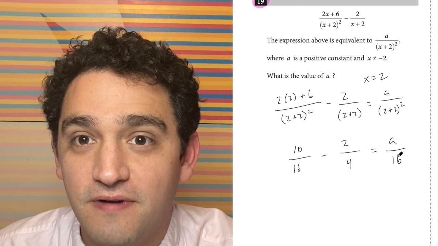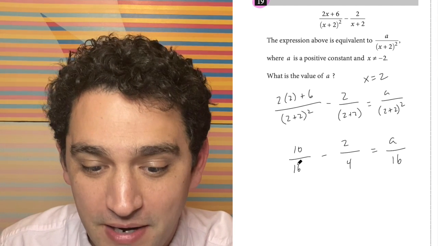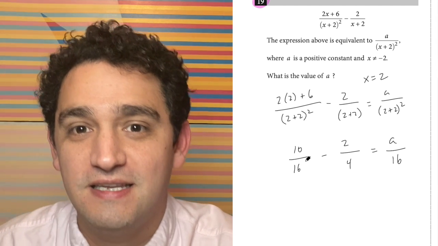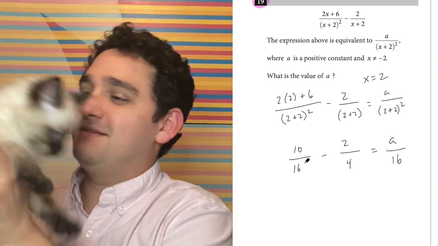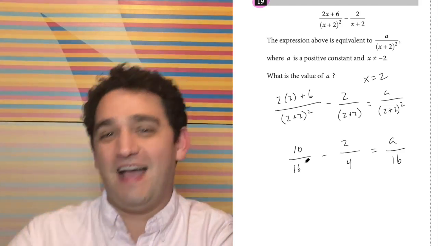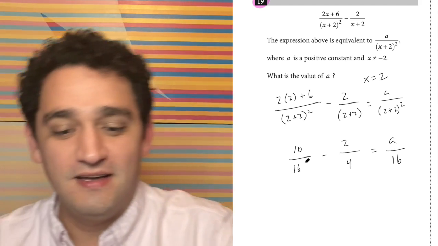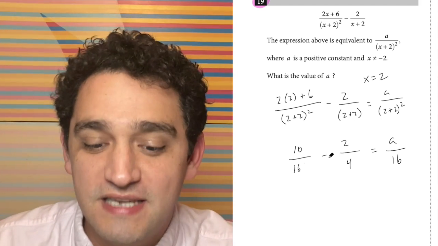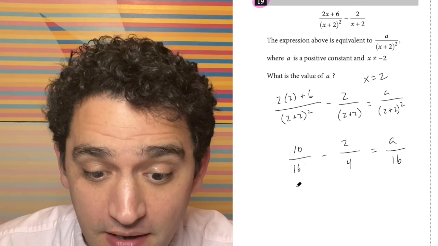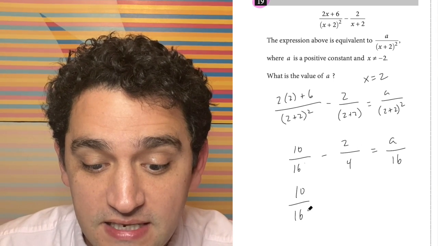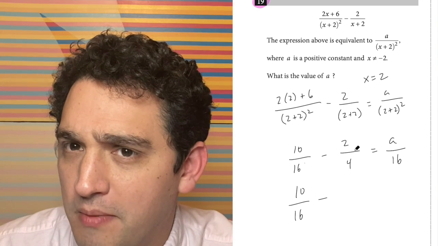Let's see if we can find a common denominator here. 10 over 16 and 2 over 4. Let's use 16 as a common denominator. We have 10 over 16 and multiply by 4.